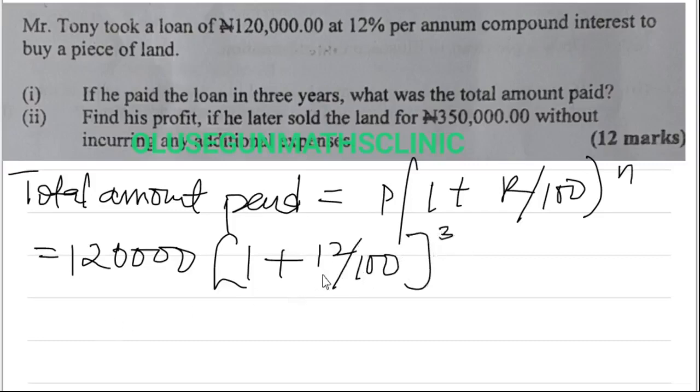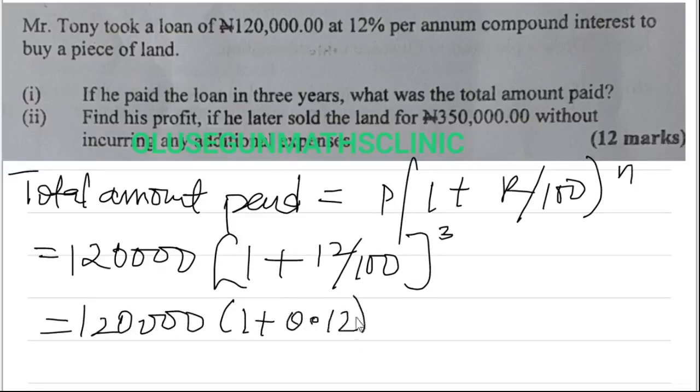So which will be 120,000 onto 1 plus 0.12 raised to power 3, which will be 120,000 times 1.12.